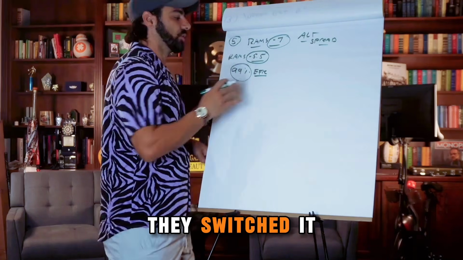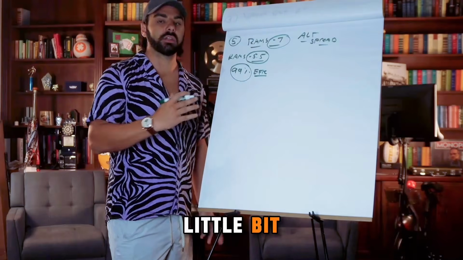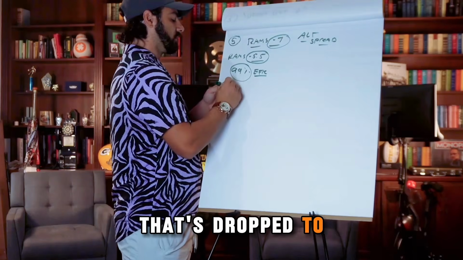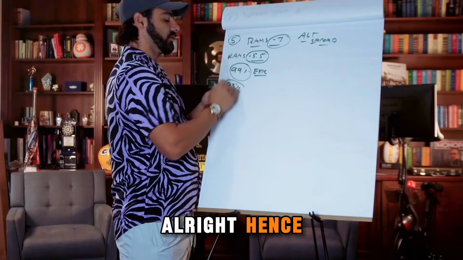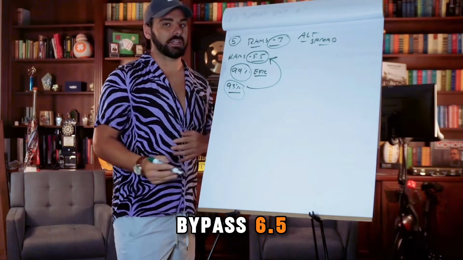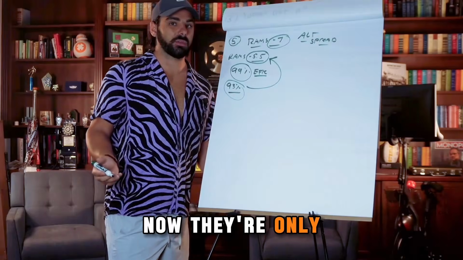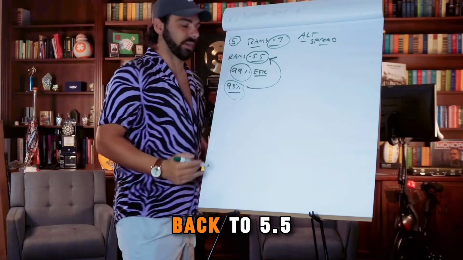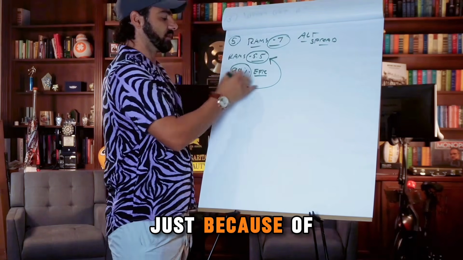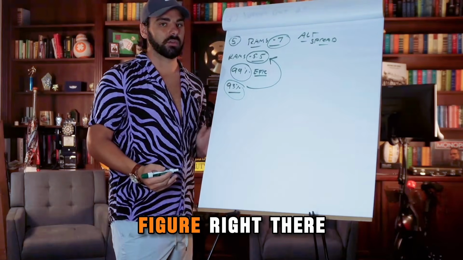But ever since they switched it and brought it back a little, that extra point isn't a sure thing, it's dropped to 93%. Hence the reason we would take that out of the equation and bypass 6.5, because if they miss the extra point, they're only up by 6, so we bring it back to 5.5. That's the reason we do that nowadays, just because of that extra point figure.